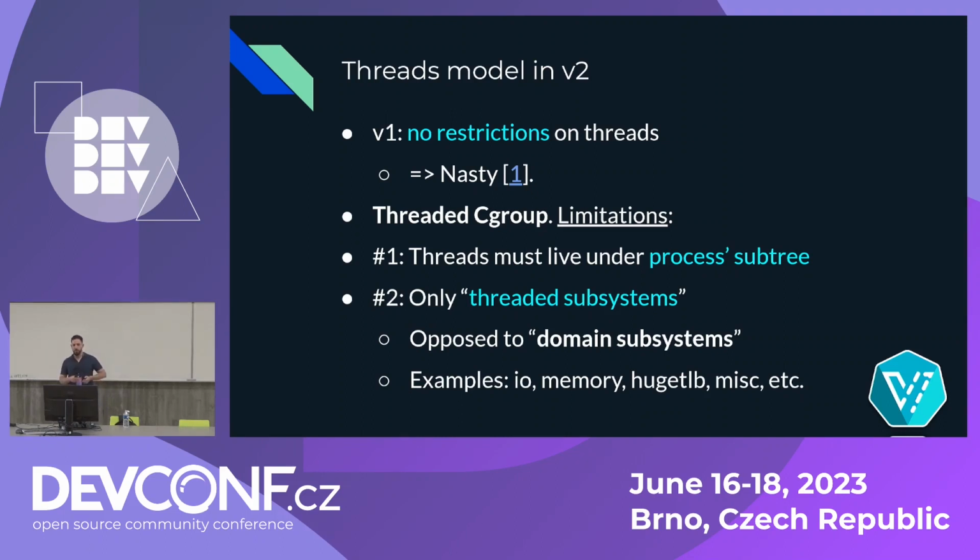First of all, threads must live under the process subtree. We can't just take two threads of a process and split them between different groups. They have to be under the process subtree. Another thing is that if your Cgroup is threaded, then you can use only threaded subsystems, which means basically that you cannot use a lot of the subsystems, which is a huge limitation.